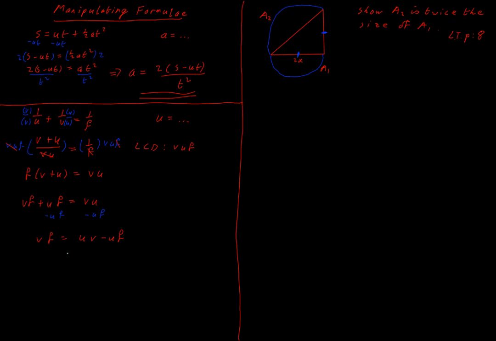Take out my common factor of u because I want to isolate u: u times v minus f. Now I divide both sides by v minus f to get u by itself. And I end up with u by itself is equal to the rest of my materials, which is what I was looking for.